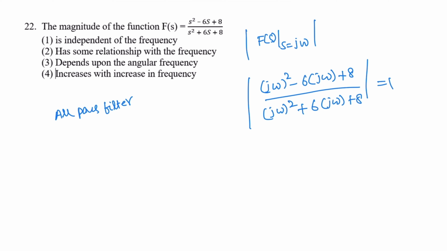For an all pass filter, the spectral magnitude response is unity over all the frequencies. That is, it passes all the frequencies equally in gain, but produces phase shift between input and output. An all pass filter provides flat amplitude response for all frequency signals. Hence, the magnitude of an all pass filter is independent of frequency.